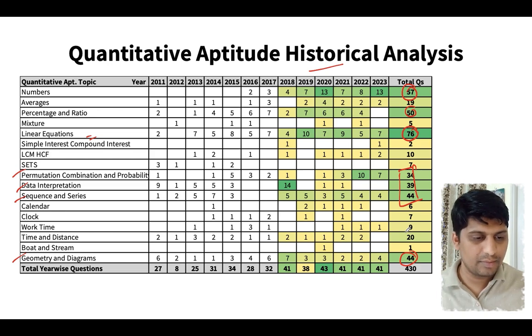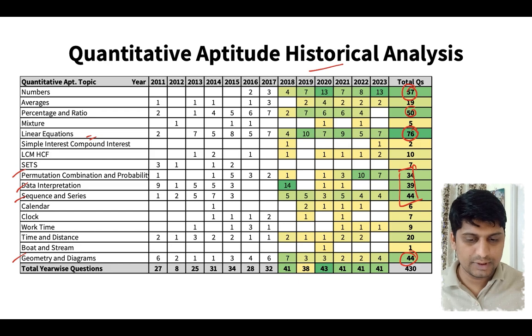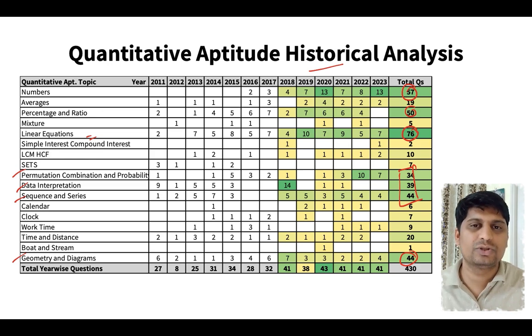First you take the numbers topic, there have been 57 questions, so that's a good number of questions. You solve all of them, try to see what's going wrong, what's going correct. Whatever is going wrong, next day try to improve on that. If you feel your questions are not sufficient for some particular topic, you can refer to R.S. Agarwal or some other book, and solve questions similar to the PYQs from that book, so that you have a very good grasp on that topic.